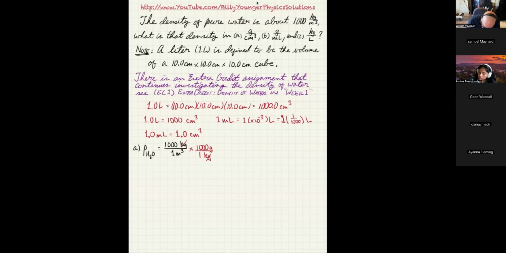So what I'm going to do now is realize that 1 meter is 100 centimeters. So I'm going to write 1 meter on the top and 100 centimeters on the bottom. And what you can see is the meter is going to cancel out one of the exponents on the cubic meter. So instead of being a cubic meter, it's going to be a centimeter times a meter squared.